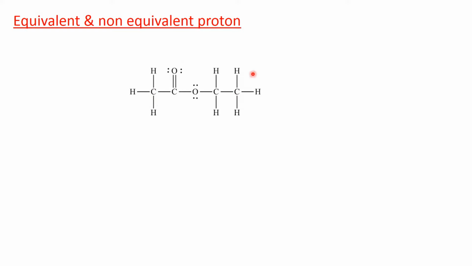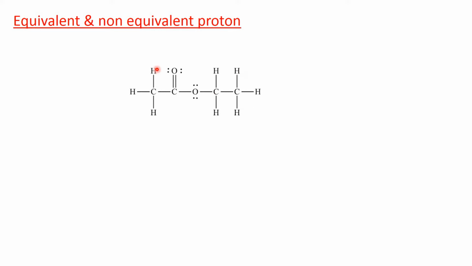Similarly, these three protons, which are attached to this carbon atom, are also in the same electronic environment. These three protons, which are in the same electronic environment, are equivalent protons. Similarly, these two protons are equivalent protons. Similarly, these three protons are equivalent protons.